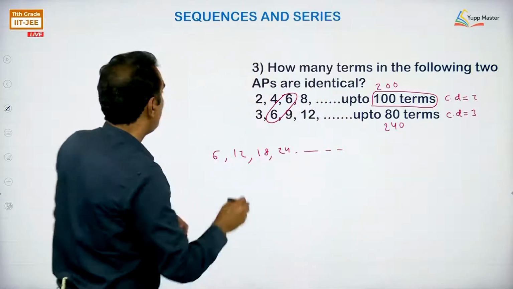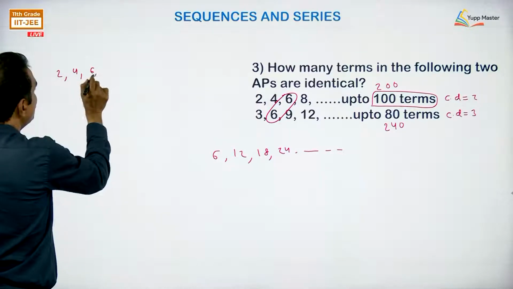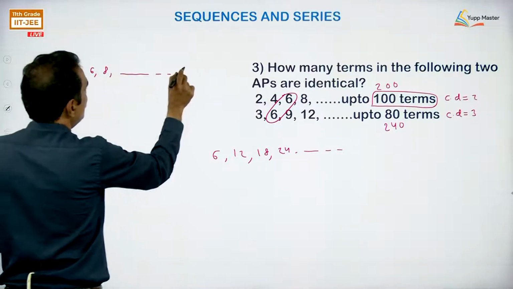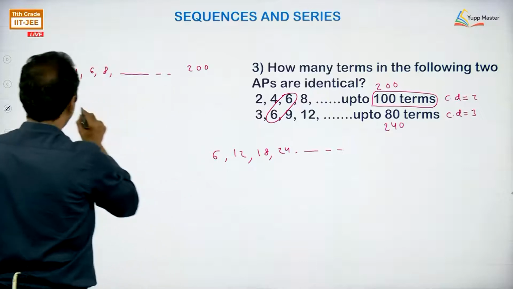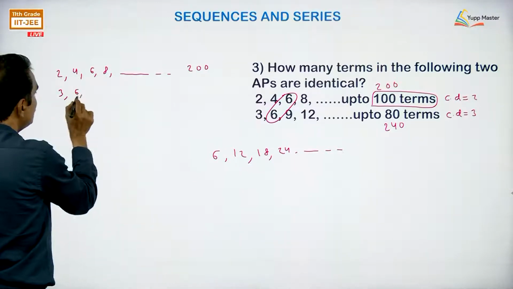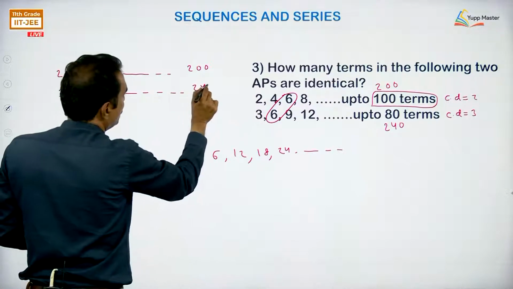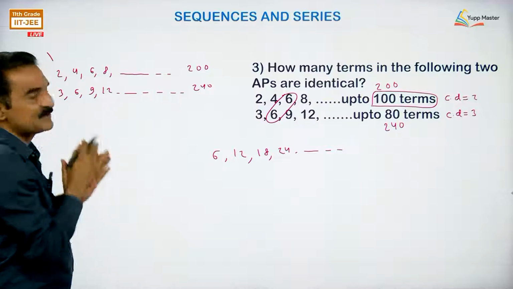So, the first series is 2, 4, 6, 8 and so on up to 200. Second series is 3, 6, 9, 12 and so on up to 240. We are going to find the common terms.